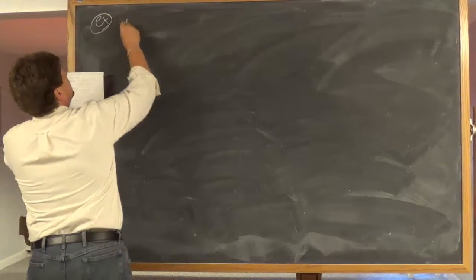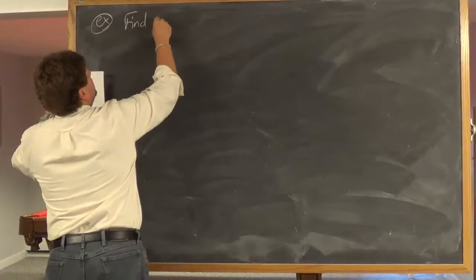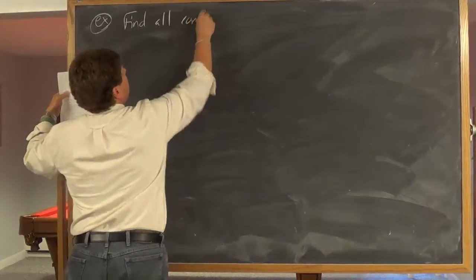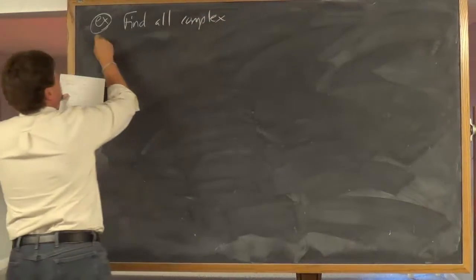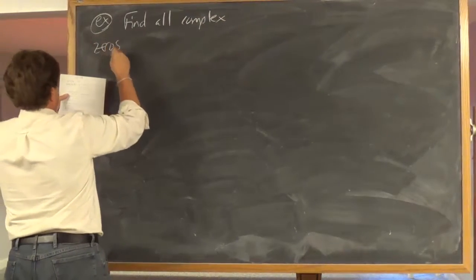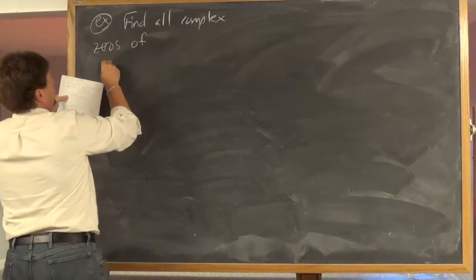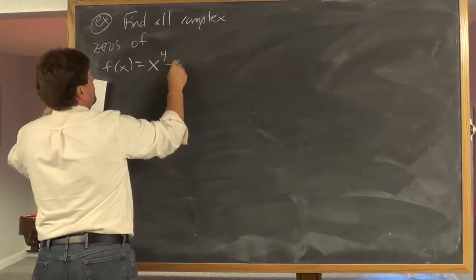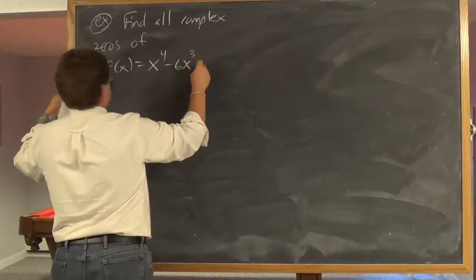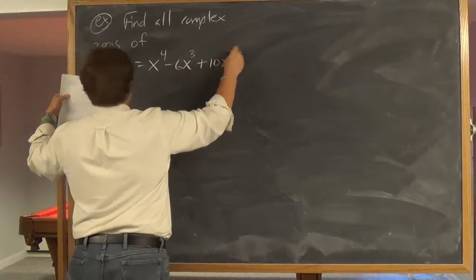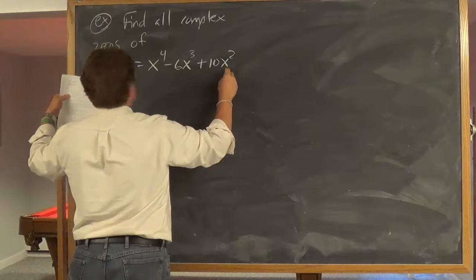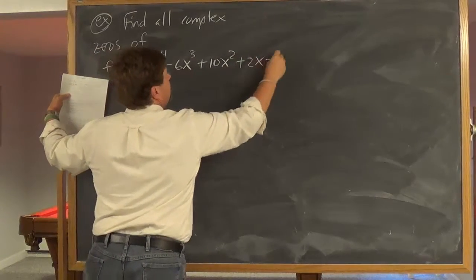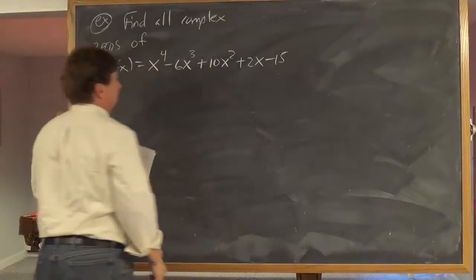So this example, say we're going to find all complex zeros of the polynomial function x to the fourth minus 6x cubed plus 10x squared plus 2x minus 15.